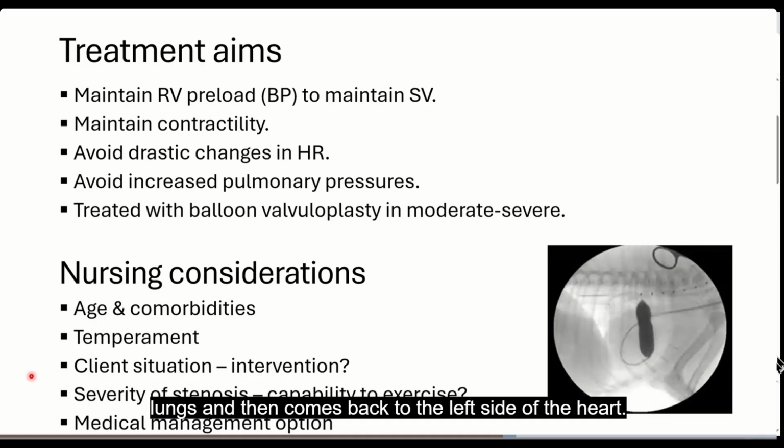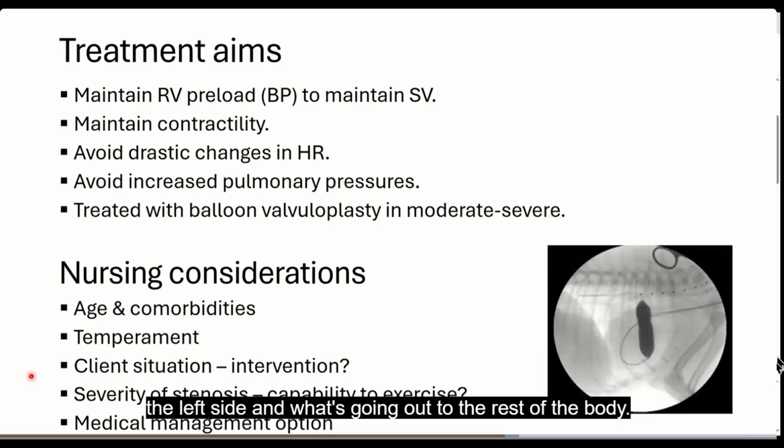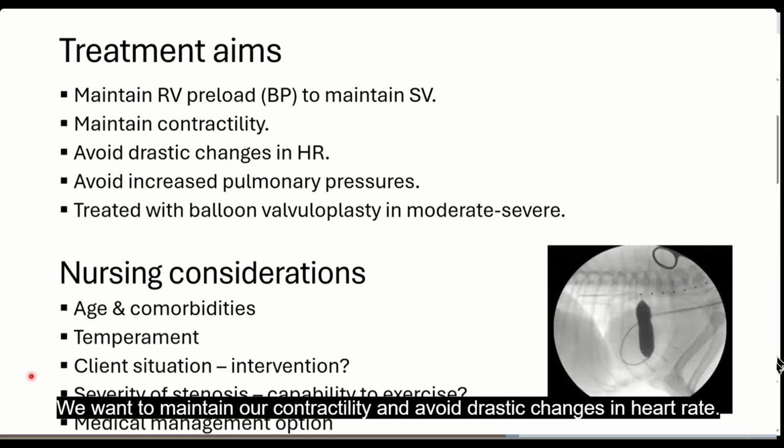So by maintaining our right-sided preload, we actually then assist the left side and what's going out to the rest of the body. We want to maintain our contractility and avoid drastic changes in heart rate.